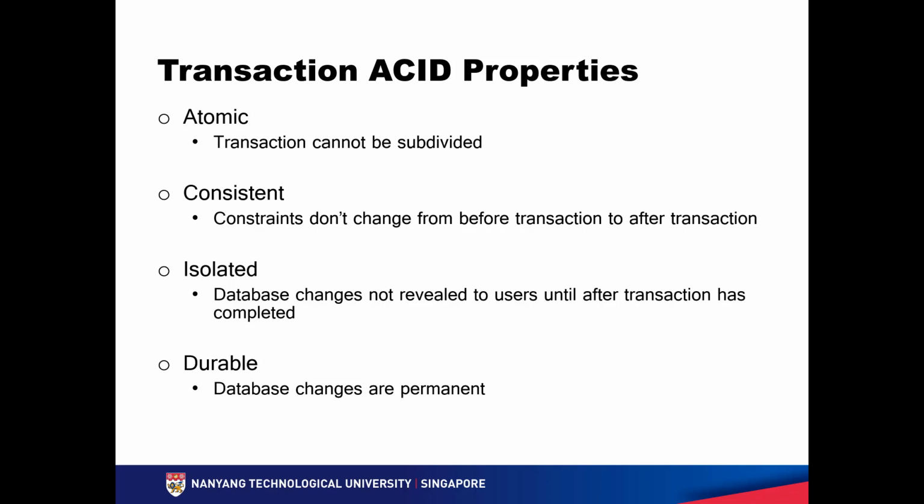Isolation essentially means that database changes are not relevant to users until after the transaction has completed. Imagine once again in my bank account, I have $100 and I'm trying to transfer you $100. When this transaction is in progress, imagine it takes 10 seconds to complete. When 5 seconds have passed, I cannot perform an additional transaction because of isolation.